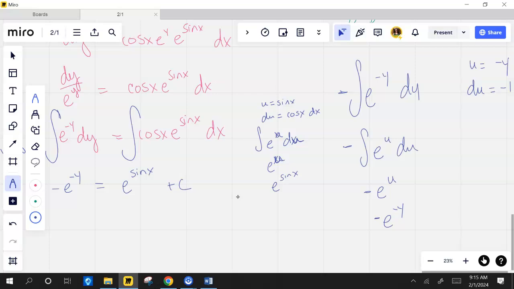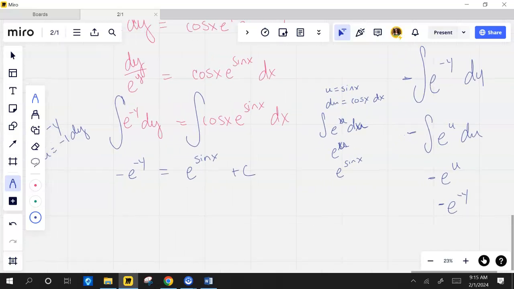Because adding a constant on both sides really doesn't matter, because you don't know what it is. You just need one.